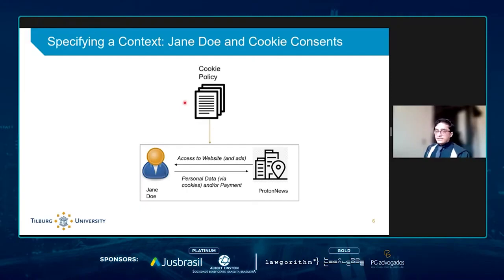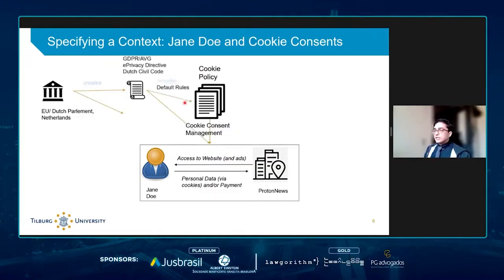So the cookie policy is what sets this apart, but cookie consent managers are what give users the options to interact with this. In our context, Jane Doe is a resident of Amsterdam, and therefore the EU and the Dutch Parliament together create regulations such as the GDPR and its local implementation, the AVG, and the e-privacy directive and the Dutch Civil Code, which affects this transaction.